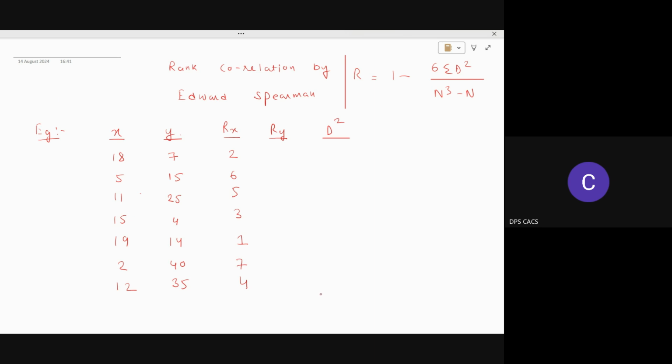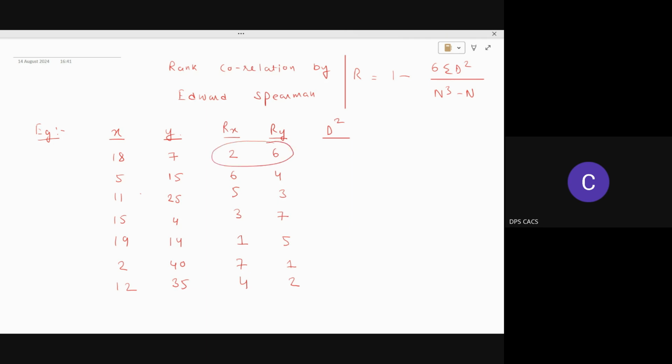There are 7 values, 7 ranks. Now Ry column, biggest is 40. Rank 1, rank 2, rank 3, rank 4, rank 5, rank 6, rank 7. Any problem in calculation?